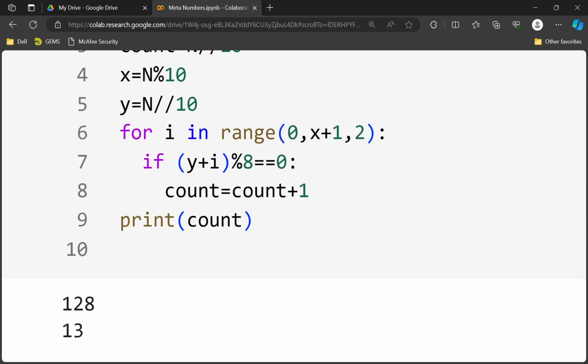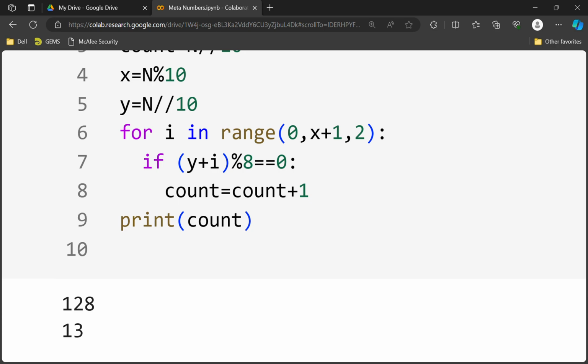Then for i in range, so this is to check, for example, if 1002 is given as n, up to 1000 I clearly know that 100 is the count of such numbers in the range 1 to 1000. Okay, that is clear. Then there will be a remainder part, no?